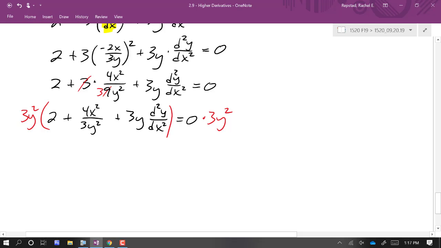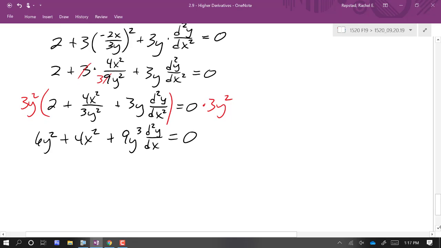So distributing through that factor of 3y squared, we get 6y squared plus 4x squared, because in that middle term when I distribute it, it'll cancel the 3y squared. And then when I distribute to the next term, we get a 9y cubed y double prime. And on the other side, it's still equal to 0. Now I'm going to throw everything on the other side, except for the second derivative term.